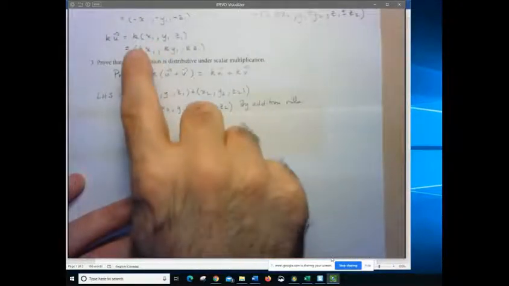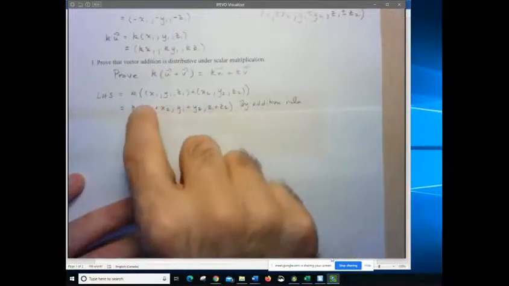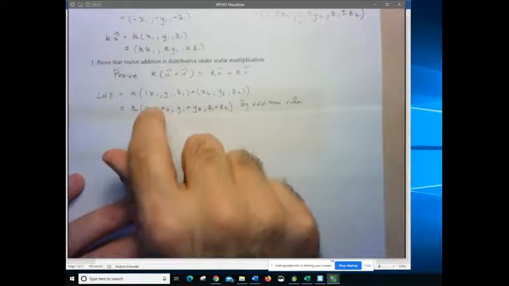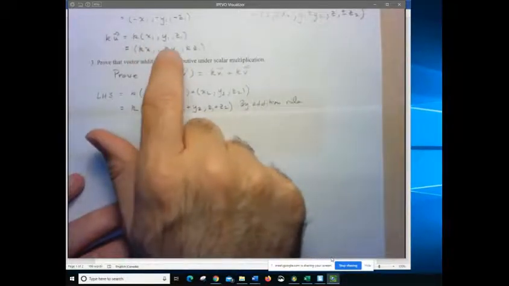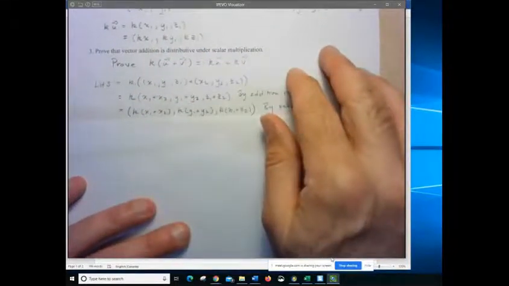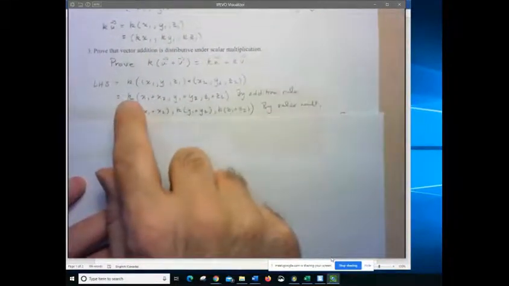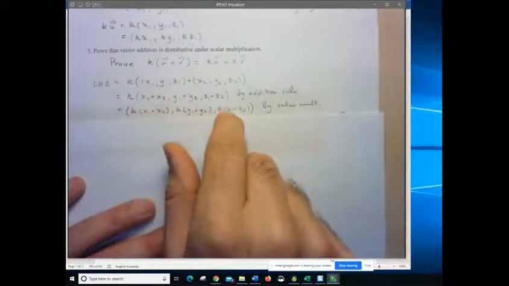Then I'm going to apply my distributive property, which says that if I am multiplying a vector, because now this represents a single vector, by a scalar, I just multiply each component by that scalar. So now all I do is take this k and multiply it to each component of the vector.